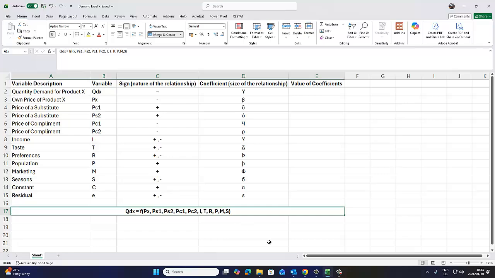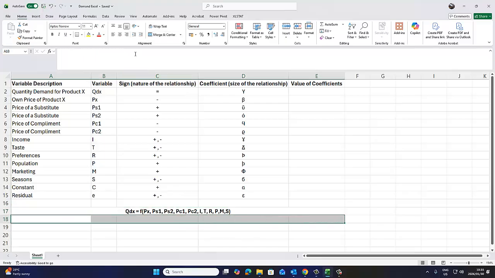So there is my demand function, which is basically all of this. Now, the next step is to put in our signs, the nature of the relationship.